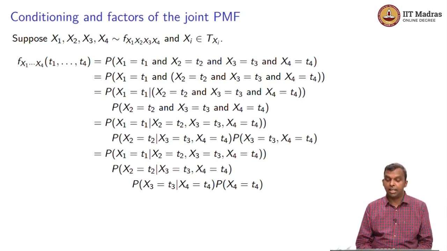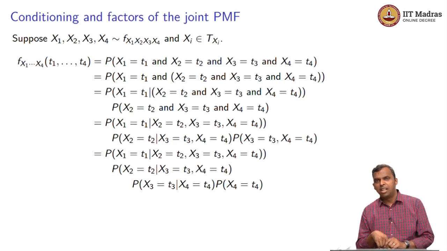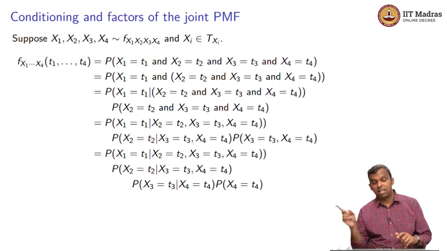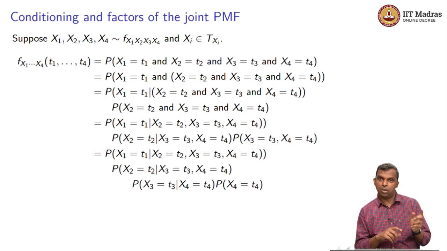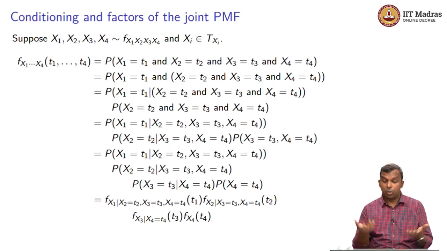It's better to read it in reverse: the marginal of x4 equals T4, then x3 equals T3 given x4 equals T4, then x2 equals T2 given x3 equals T3, x4 equals T4, and then x1 equals T1 given all of them. I can now write it in terms of conditional PMFs that I know how to calculate: 1 marginal and 3 conditional PMFs.